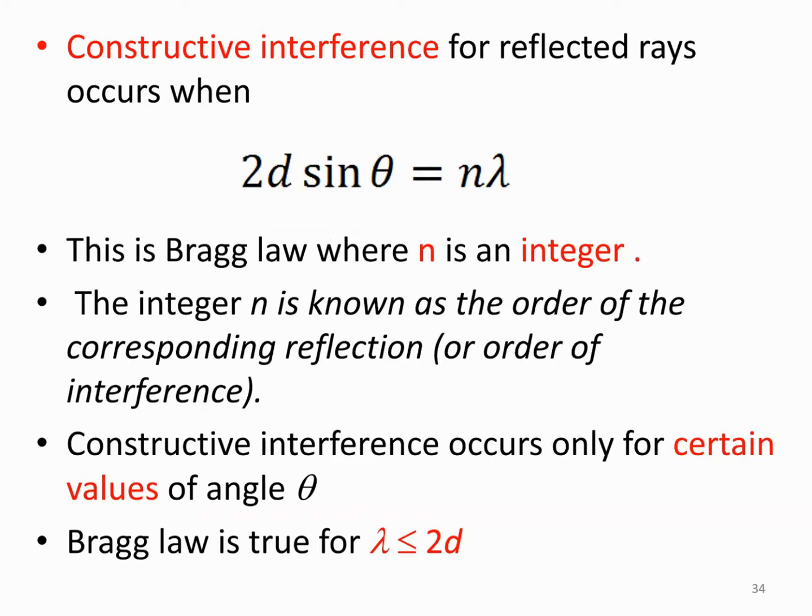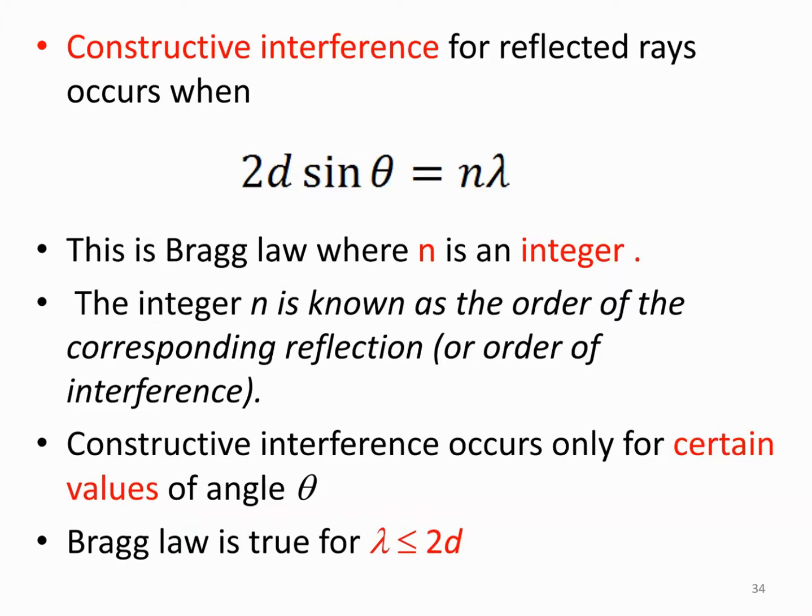So based on the Bragg law, we know that constructive interference for the reflected ray will only occur when 2d sine theta equal to n lambda has been fulfilled. So this is Bragg law, where n is an integer. The integer n is known as the order of the corresponding reflection, or we call it the order of interference. Constructive interference occurs only for certain values of angle theta.